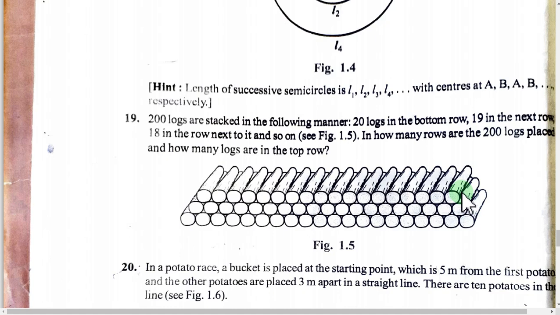Likewise, how many rows are required to make 200 logs? And one more question: how many logs are there in the top row? When it reaches 200 logs, in which row will it reach 200? The topmost row contains how many logs, that we also have to find out.